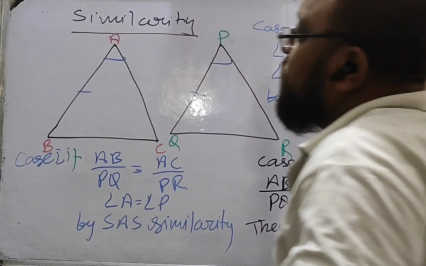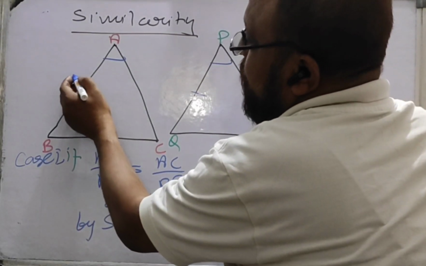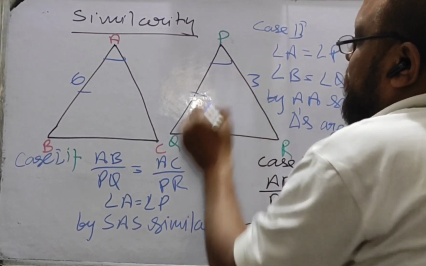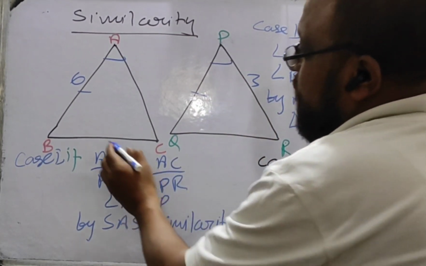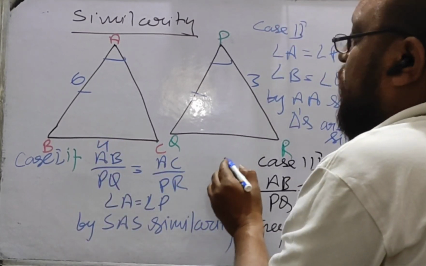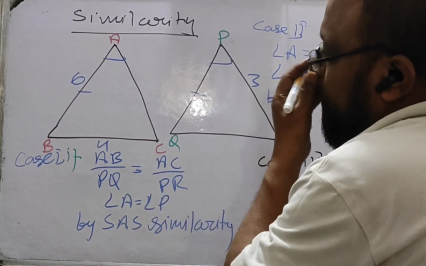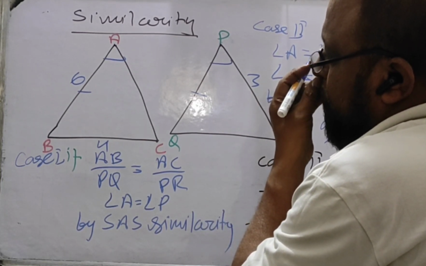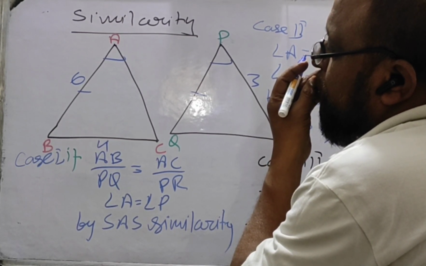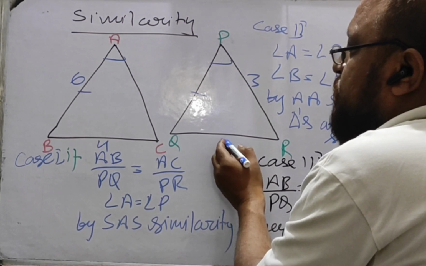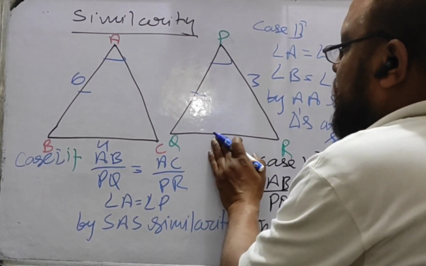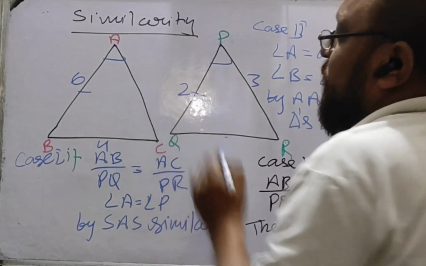Say this side is given as 6, and this side is given as 3, and this side is given as 4, and this side is 2.